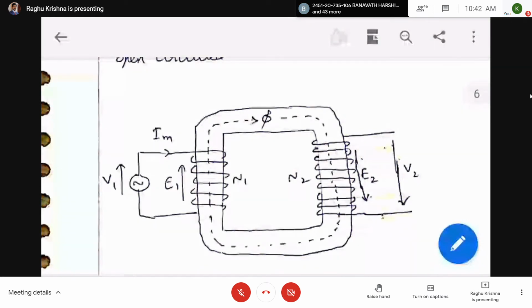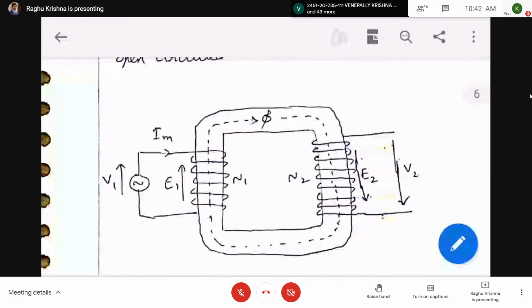As V1 is alternating, current Im will be alternating, and this alternating flux links with coil 1, which consists of N1 turns.